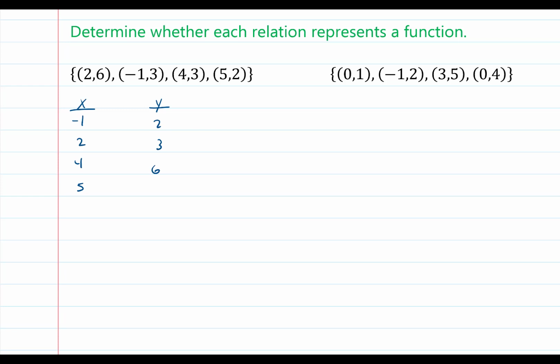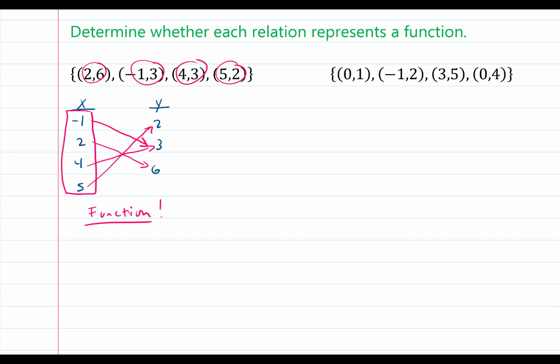Now the correspondence is represented in the ordered pair, so 2 is paired with 6, so therefore I'm going to make an arrow from 2 for my x variable to 6 with my y variable. I have -1 corresponding with 3, so -1 to 3. I have 4 to 3, and then finally, I have 5 corresponding to 2. Now, because every element of my input is corresponding to one element in my output, I know that this is a function.